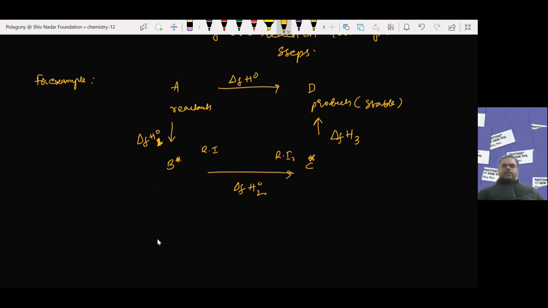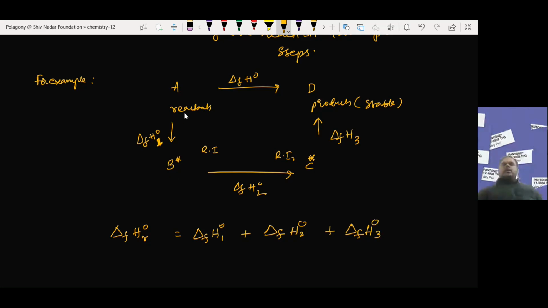Now, according to Hess law, what Hess law says is that the standard enthalpy formation of the reaction is equal to the sum of the standard enthalpy formation of H1 plus H2 plus H3.